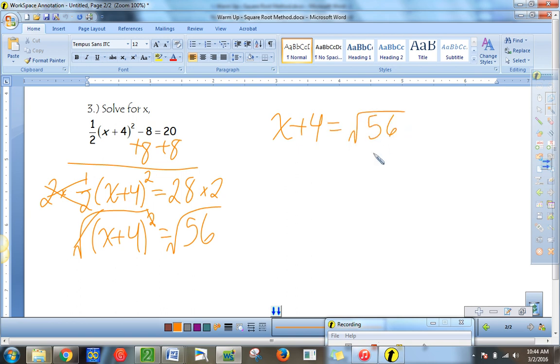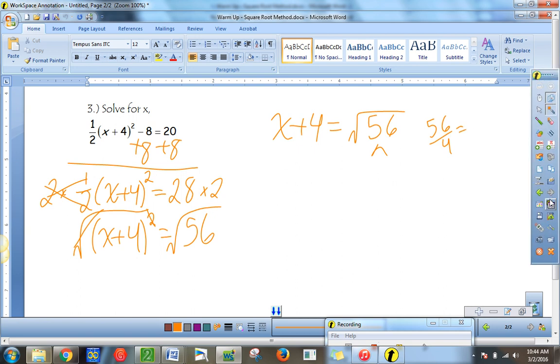Now you can break down 56. What numbers do you know go into this? Just looking at it right away: 2, 4, not 3, not 6, not 9. 7 times 8 is 56, but 8 is not a perfect square. 4 works.